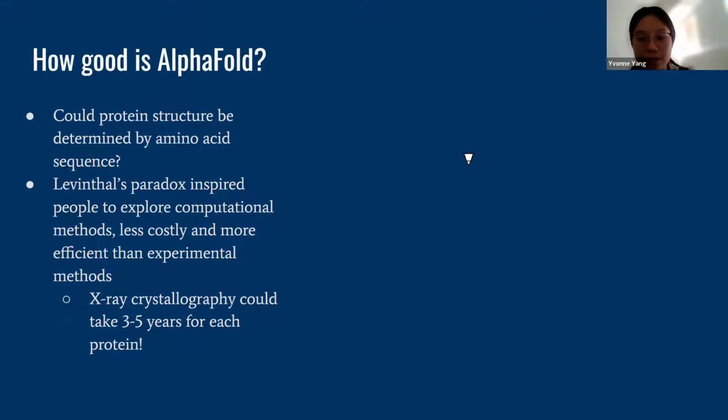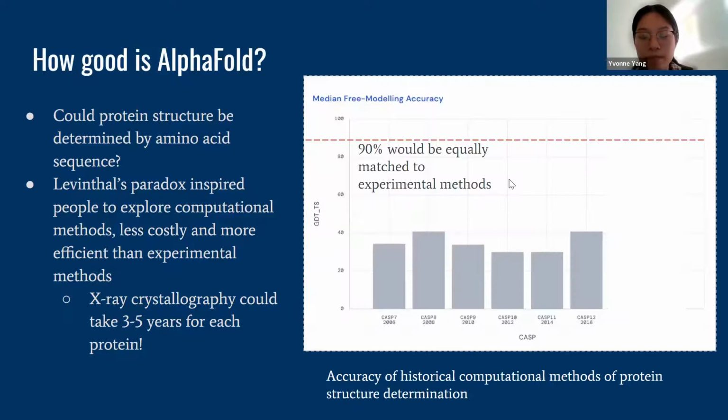And so people started this computational competition, and it's called CASP. For years since 2006, algorithms have been trying to crack this problem. And you can see that the accuracy isn't that great.